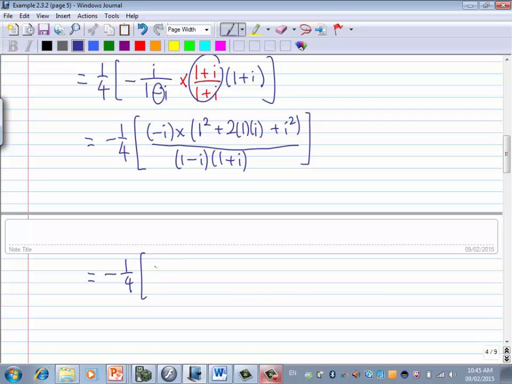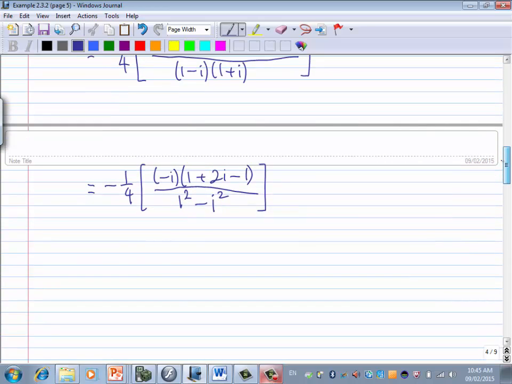So numerator becomes 1 plus 2I minus 1. Denominator A minus B times A plus B, so it is A squared minus B squared. Simplify further.